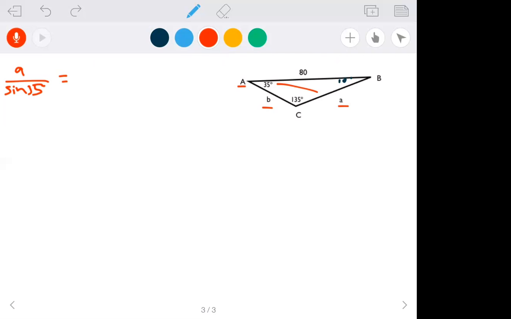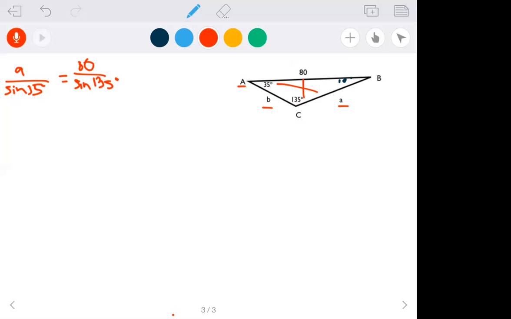I know that angle C is 135 and its opposite side is 80. So let's use these two guys. So side length of 80 is divided by the sine of 135 degrees.